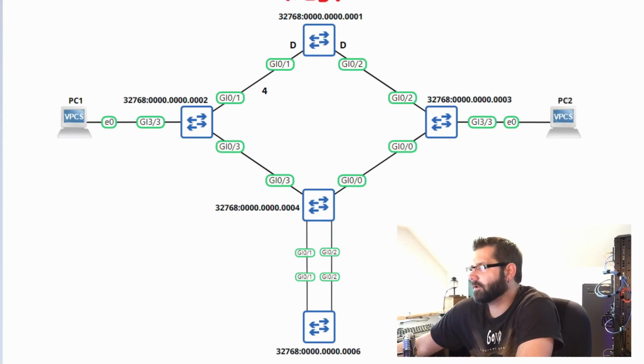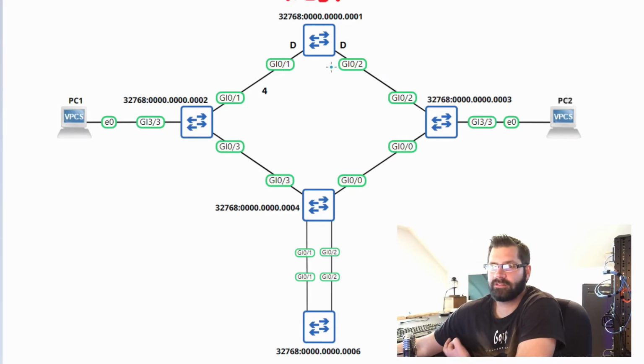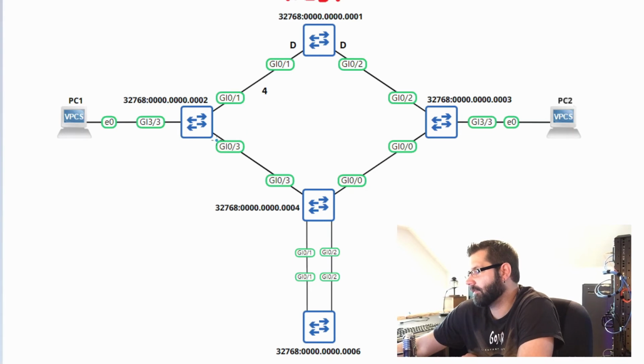So if we look at this switch right here, it's a cost of 4 to get to the root bridge. Even though I'm not going to put a 4 on every single one of these, it's the same. So we know that this would be 4, this would be 4, this would be 4.